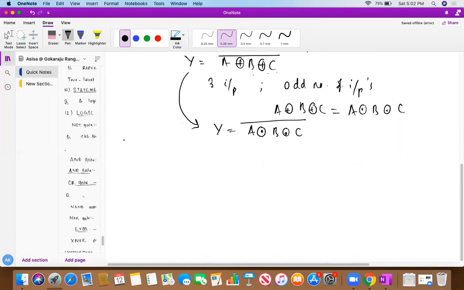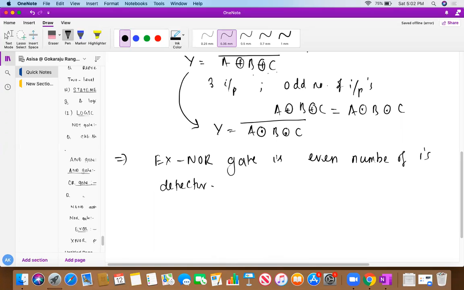Okay. So next one, XNOR gate. Try to understand, very simple. XNOR gate is an even number of ones detector. When the number of inputs is even, you will get logic 1. Okay.